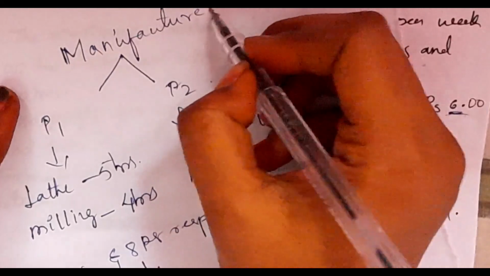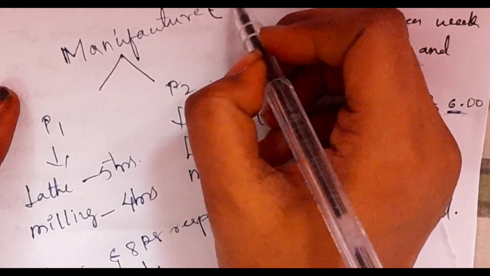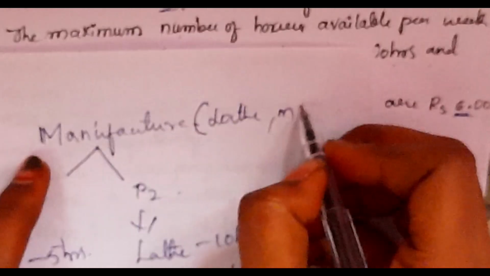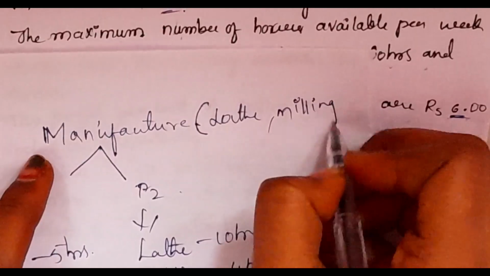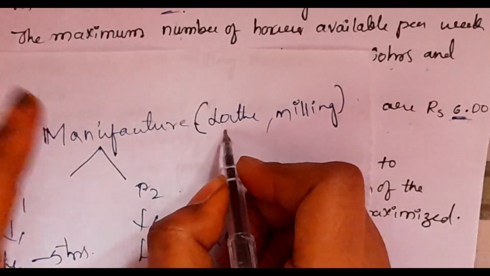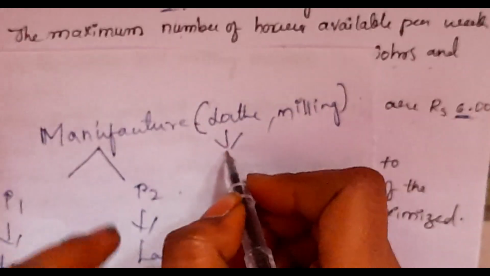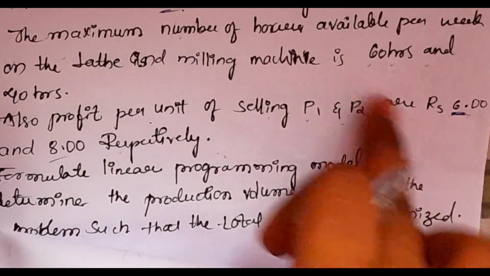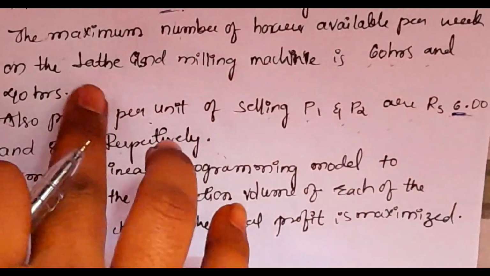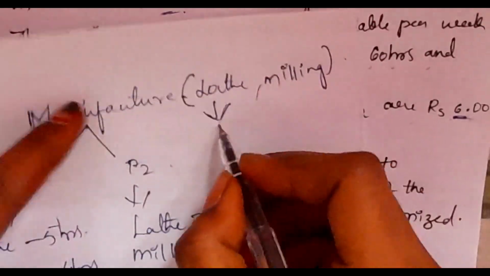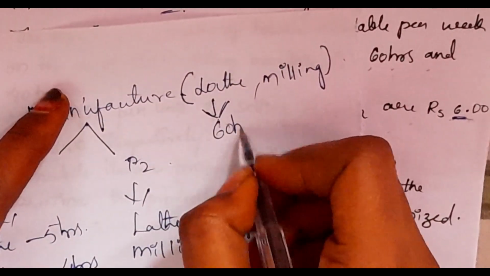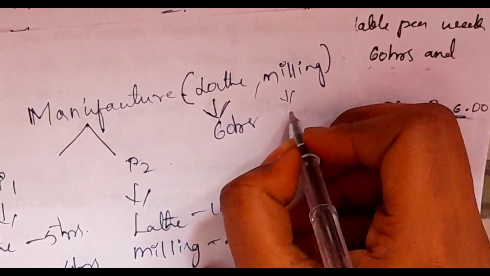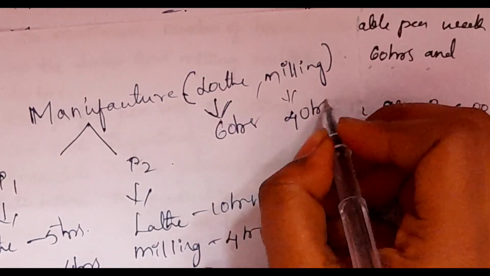So the lathe and milling machine work per week are given as 60 hours and 40 hours. The lathe can work 60 hours per week and the milling machine can work 40 hours per week.